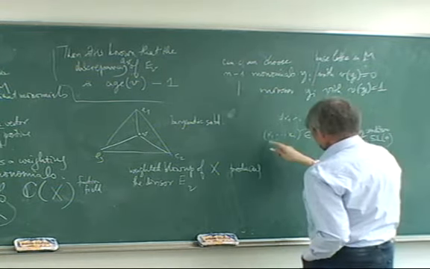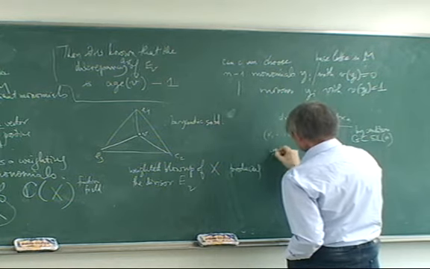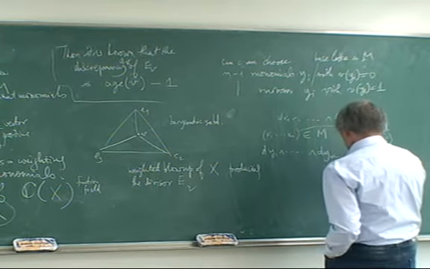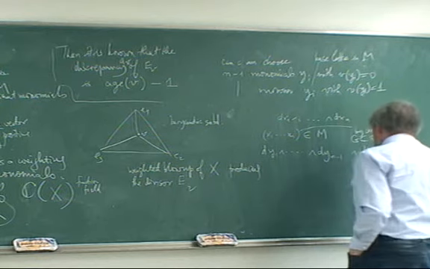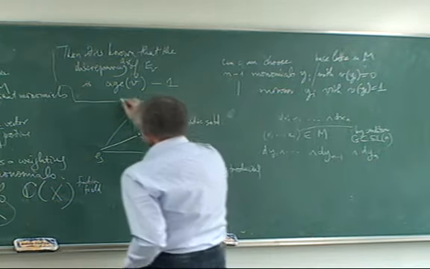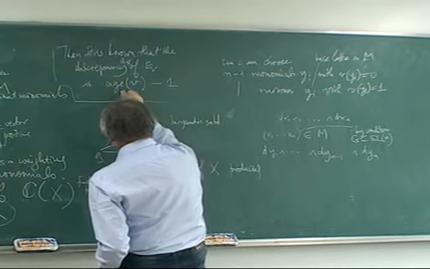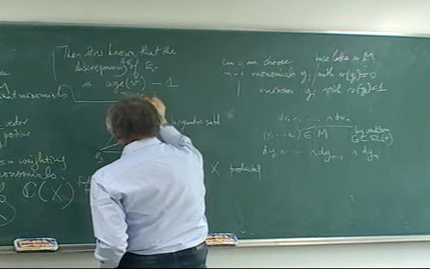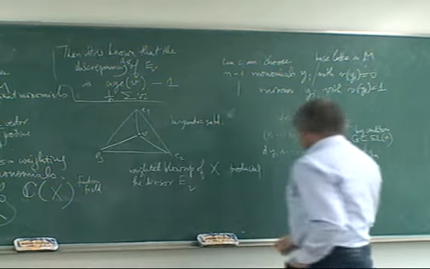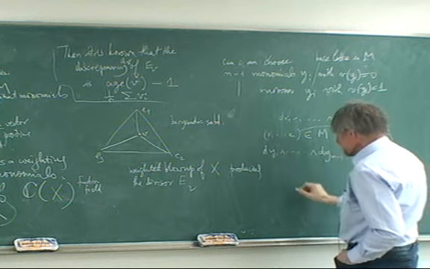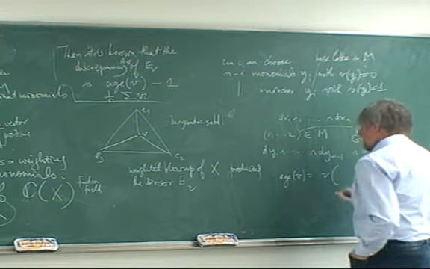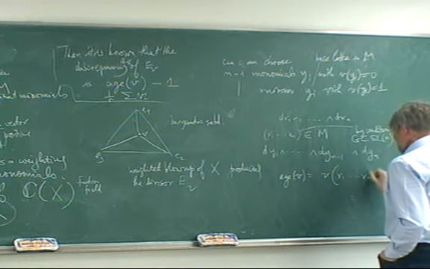And then I have to compare this with dy_1 wedge dy_(n-1) wedge dy_n. I haven't told you what the age is. The age of V is the sum of the V_i divided by r. So the age of V is V of x_1 up to x_n.